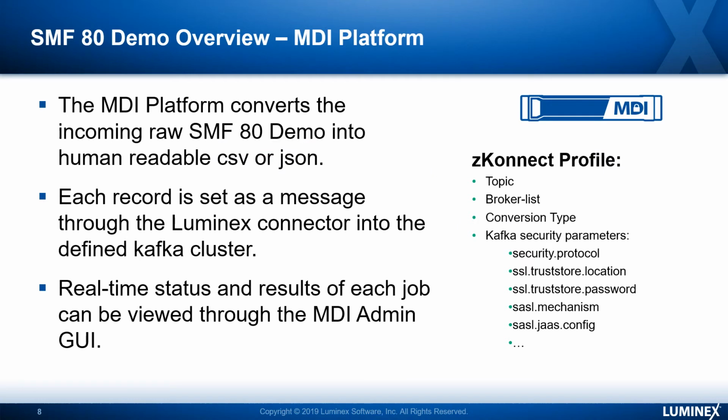So these things are converted on the MDI platform, and then they're sent in real time out to the Confluent Kafka image. In that case, we are actually setting up different things in that profile so that the users themselves do not have to worry about their connection into Kafka.